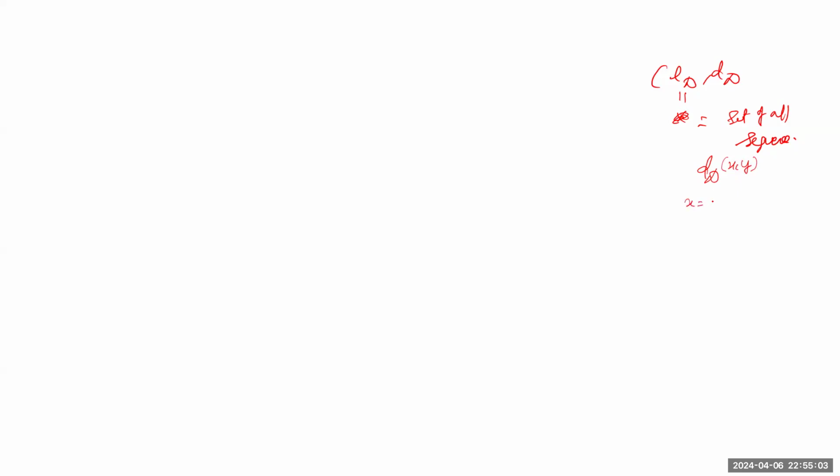So x is a sequence xn and y is a sequence yn. So D infinity of x comma y is the supremum of modulus of xn minus yn, where n belongs to the set of all natural numbers. So we know that this is a metric space. Okay, that is good, no problem.